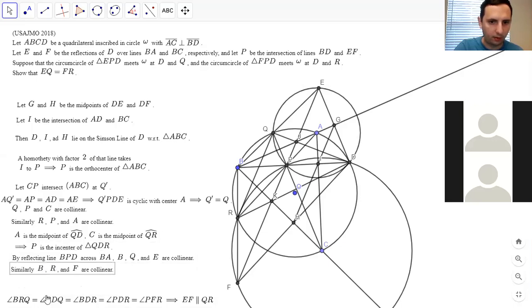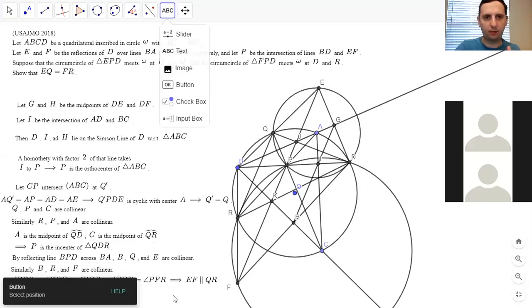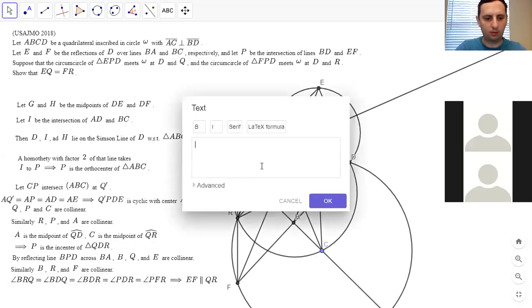So I'll say BQR and BFE are both isosceles, and that means that EQ equals FR. All right.